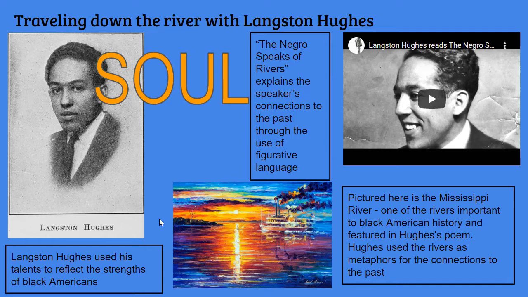And one of the reasons that he was so popular is because so many of his audiences could identify with his characters. He really sought to make his characters and his poetry accessible to common people, to celebrate the diversity amongst Americans. Specifically, in this exhibit, you will see the poem, The Negro Speaks of Rivers.